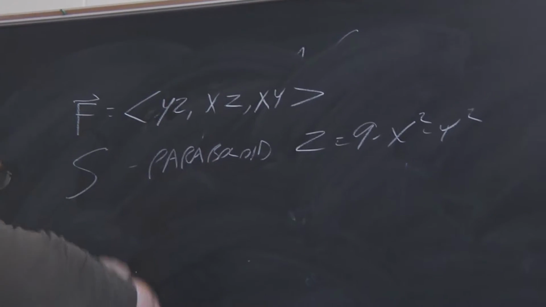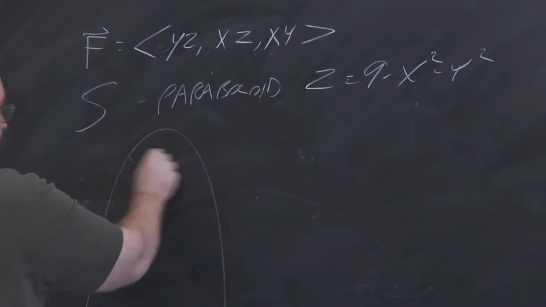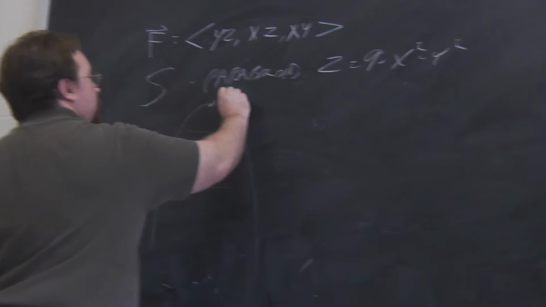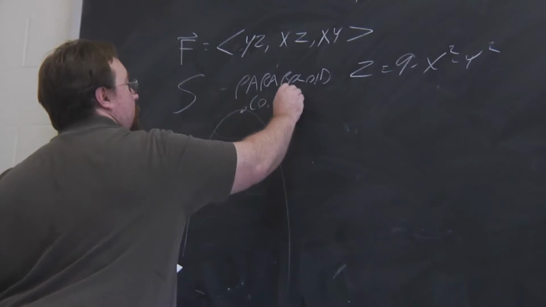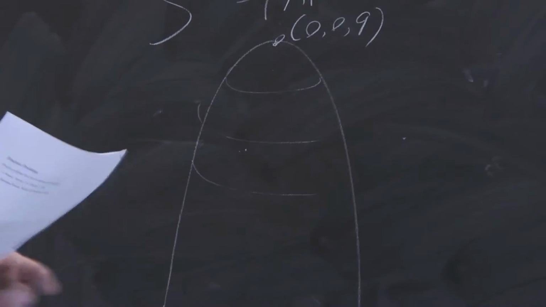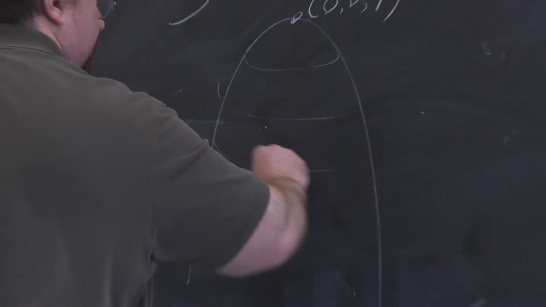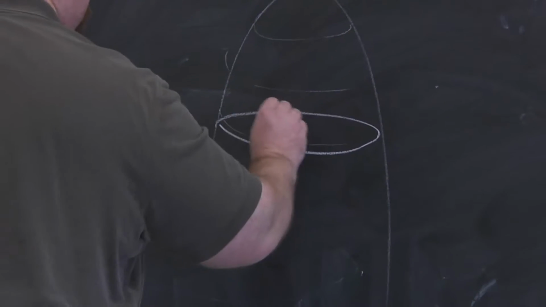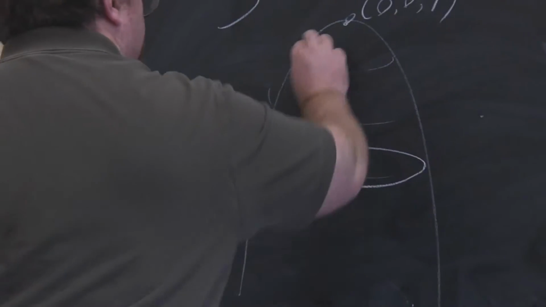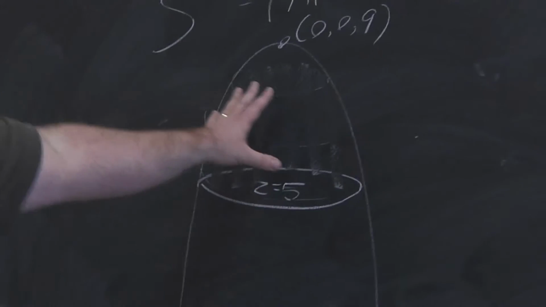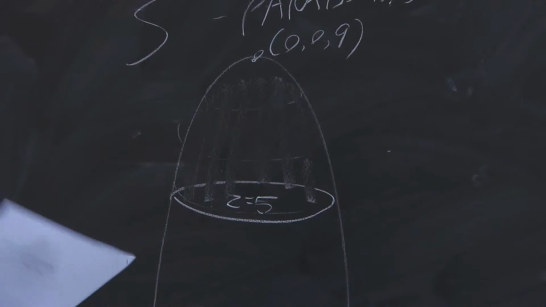So it's a downward facing paraboloid with a peak here at the point x is 0, y is 0, and z is 9. But you only take a portion of the paraboloid down to this part, down to this point where z is equal to 5. So it's all of this. This is your surface.